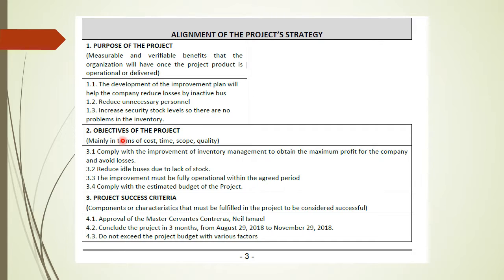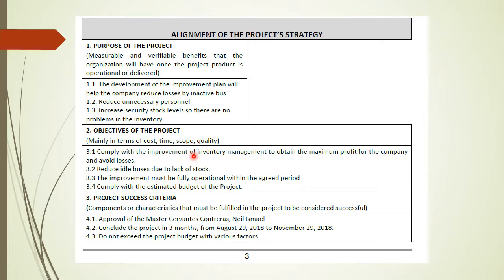The second point is the objectives of the project, which are mainly in terms of cost, time, scope, and quality. As I said, it is really crucial to make improvements in the inventory, because this Holding Group company doesn't even know how many buses they have active, inactive, or ready to go.